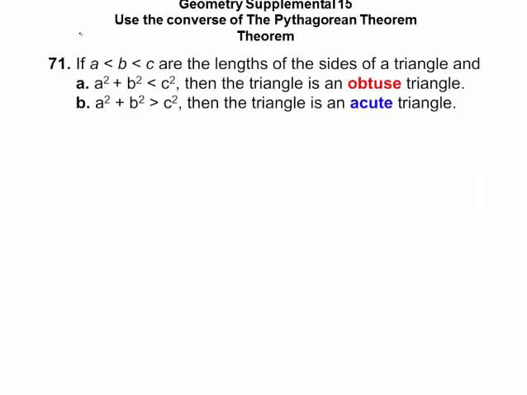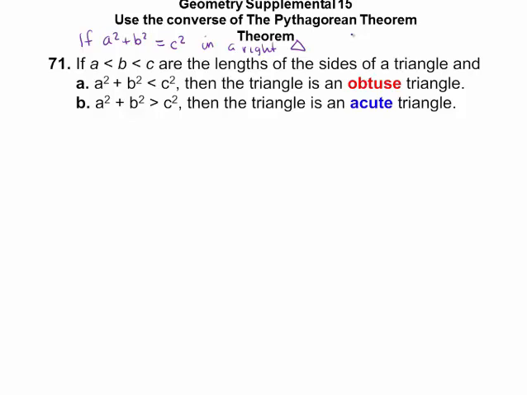So we have a squared plus b squared equals c squared in a right triangle. Okay. And what we have is the right triangle, that one angle is 90, and then the other two add up to 90. But if the triangle opens further than 90, that's going to make that hypotenuse side, even though it's not a hypotenuse anymore because it's not a right triangle, it's going to make it bigger.